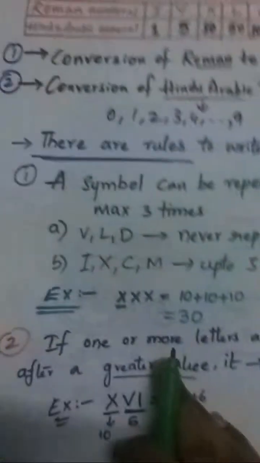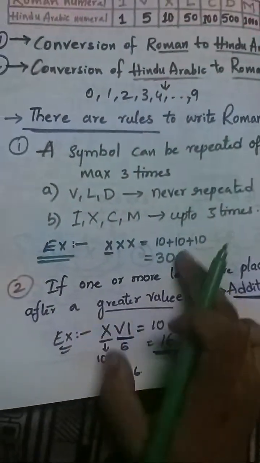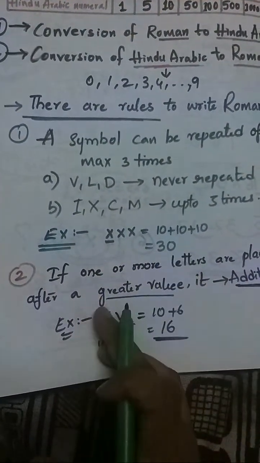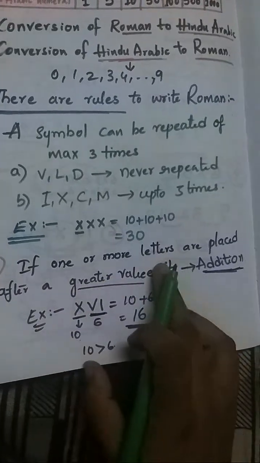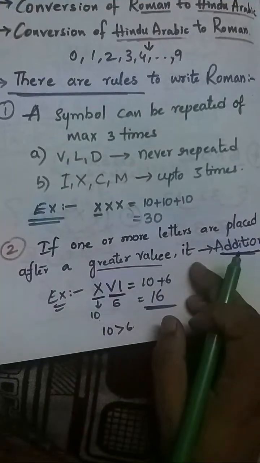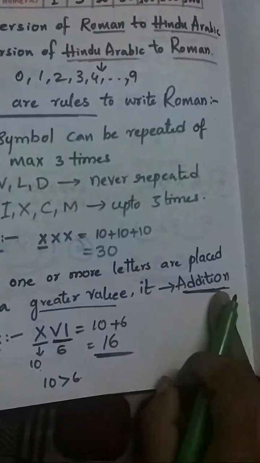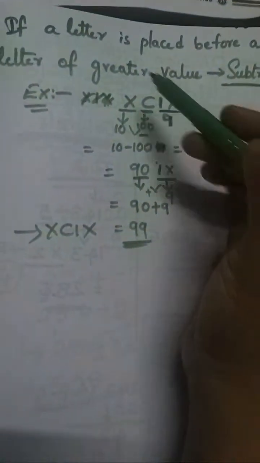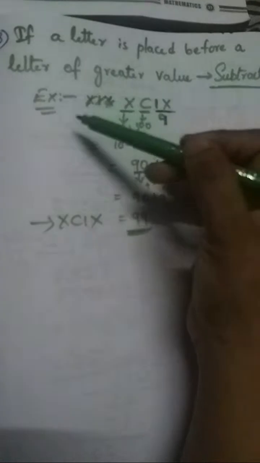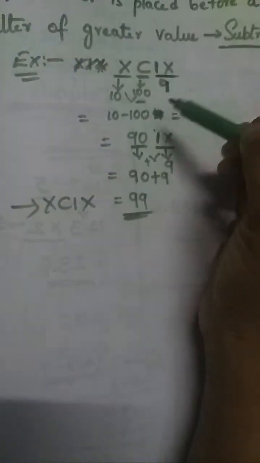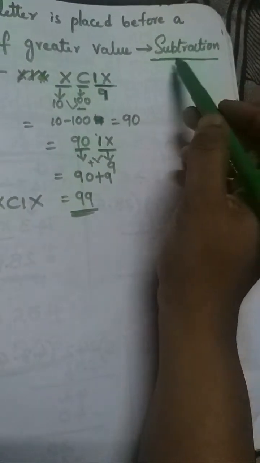First we have to do the first rule. It is repeated numbers we have to see. If there is no repeated number, now come to the second rule, that is if letters are placed after a greater value, then we have to add. If letters are placed before a greater value, then we have to subtract. Okay, like this subtraction.